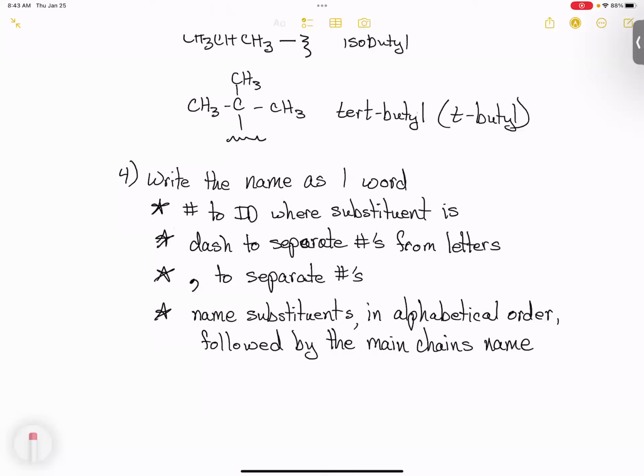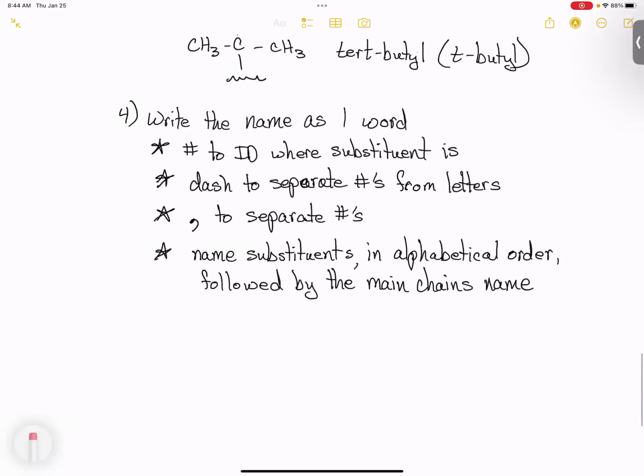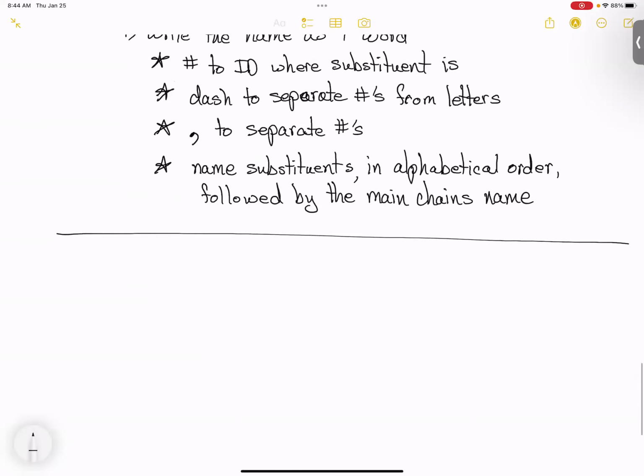Okay, now it's time to do some practice. I'll do a few and then I'm going to give you a couple to do, so that you can see how I approach it. And then we can go from there. So we're going to start simple.